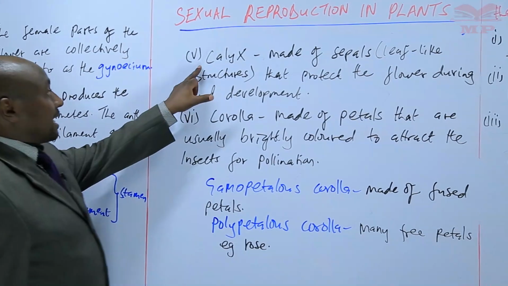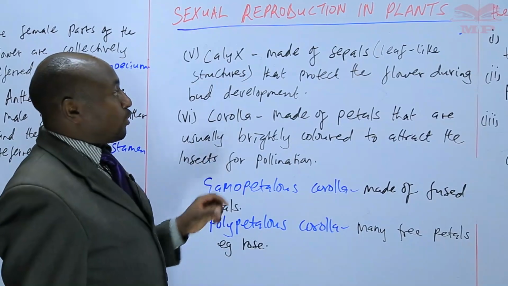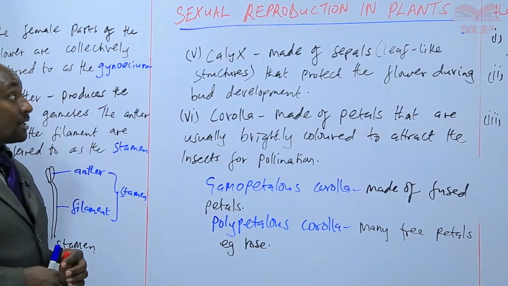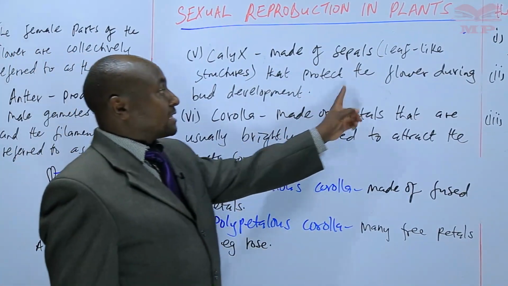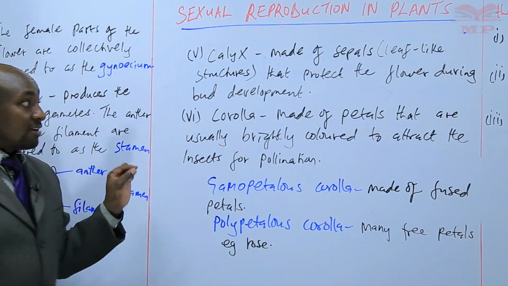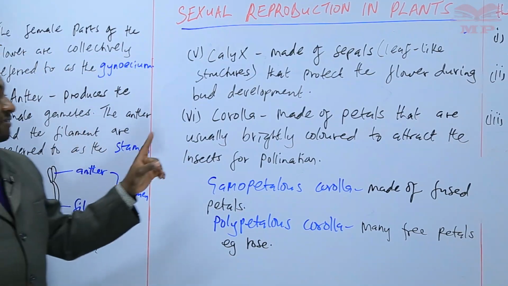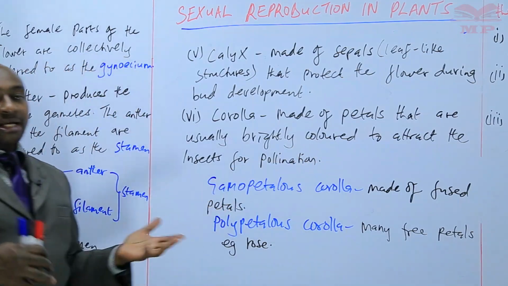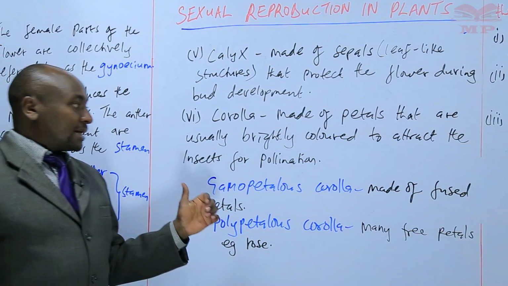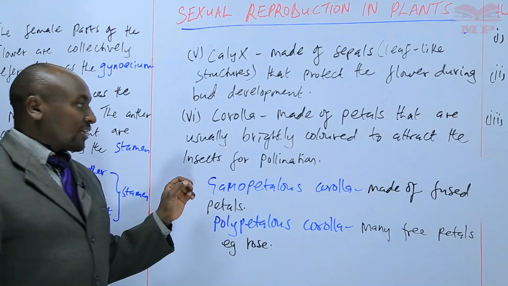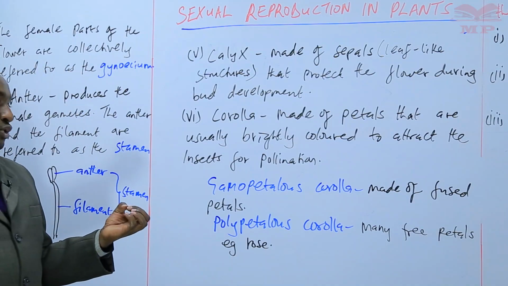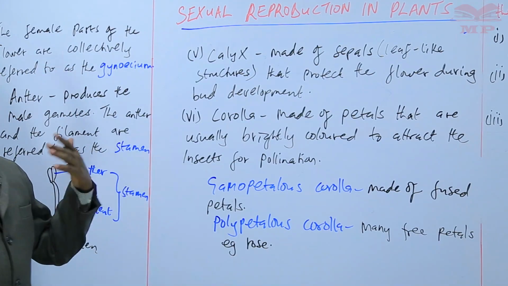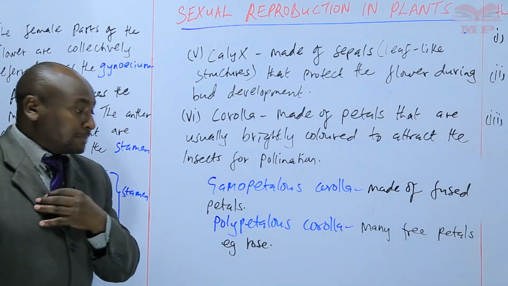We have looked at the calyx. The calyx is made of sepals. They are leaf-like structures that protect the flower during bud development. Then we have the corolla, which is made of petals that are usually, not in all cases, brightly colored to attract the insects for pollination. Insects are the agents of pollination. We'll see that much later.